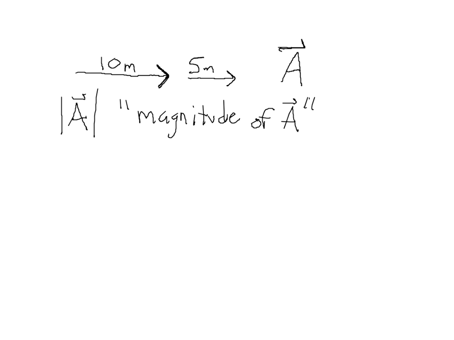So, for example, if vector A is 10 meters to the right, then the magnitude of vector A is equal to 10 meters. That includes just the length information and not the direction information.